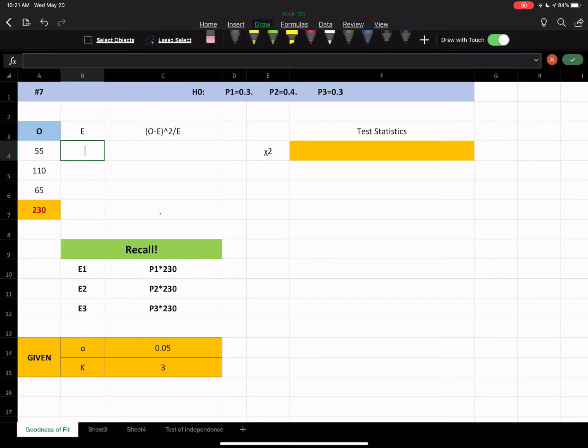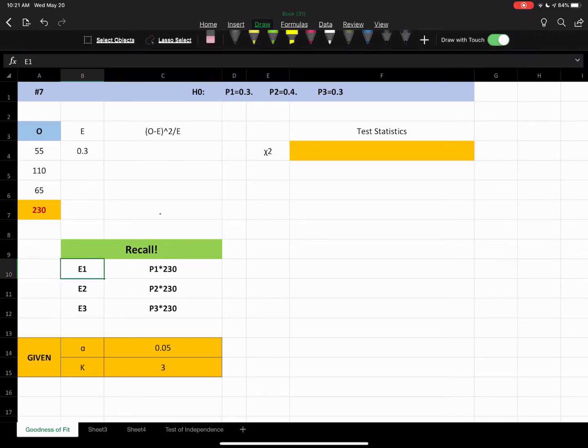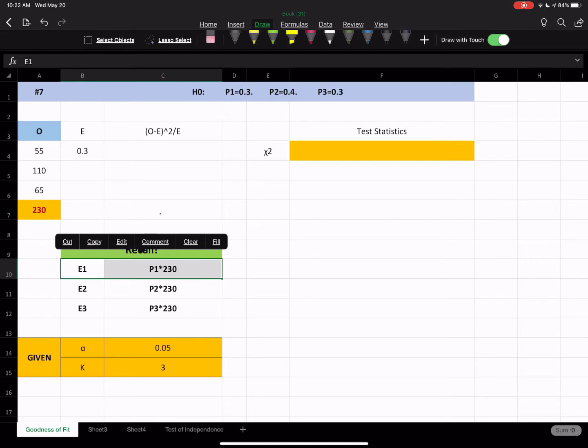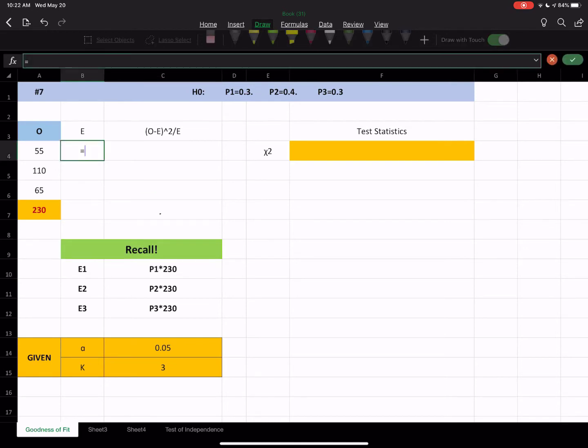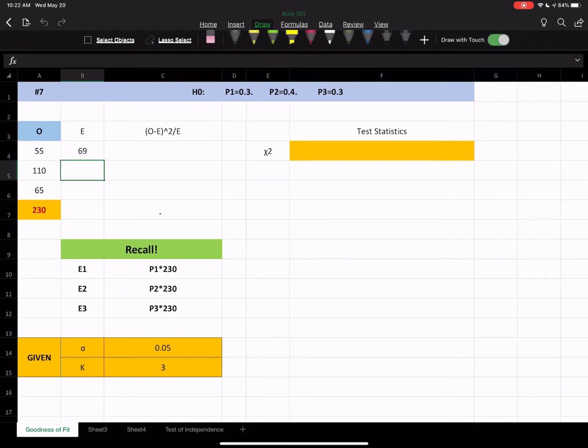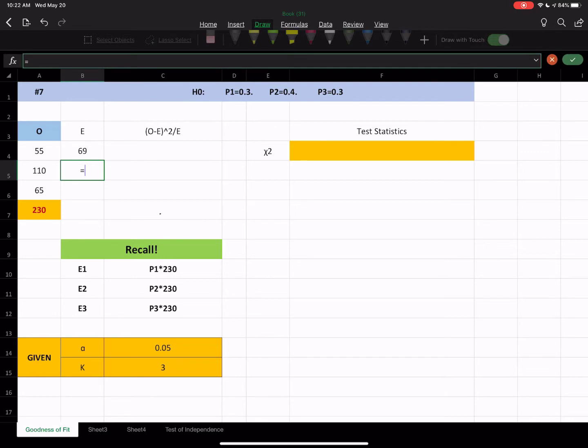So let's calculate my first E. Again, my first E uses 0.3, which is the first P, and I have it written here: E1, the first expected frequency, is calculated by multiplying the first P by 230. So my first E is going to be 0.3 times 230. My second E will be 0.4 times 230, and my third E will be 0.3 times 230.